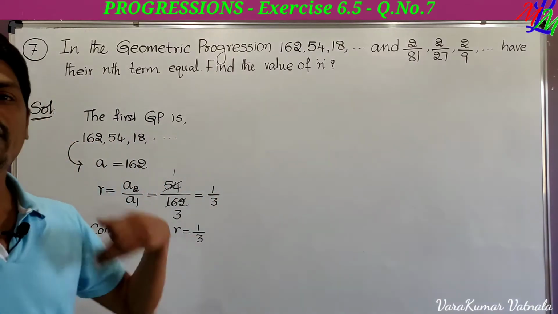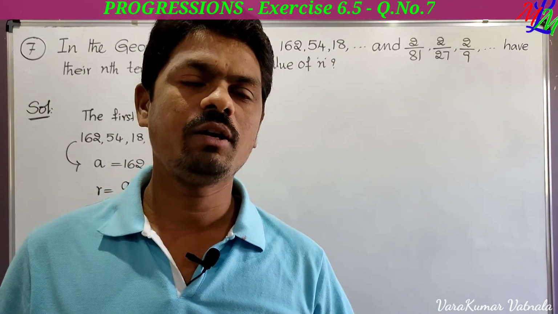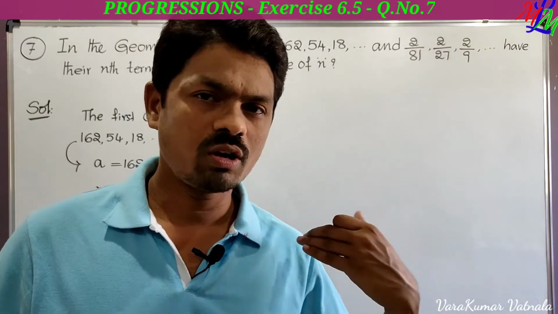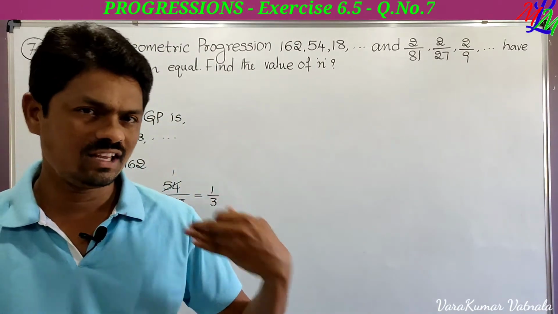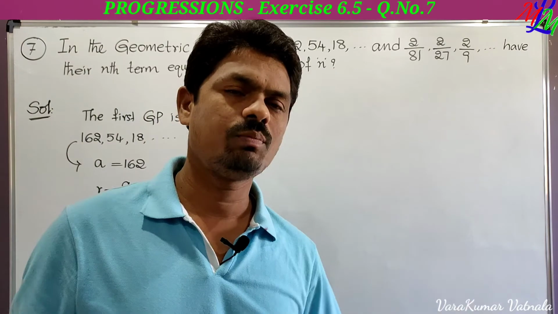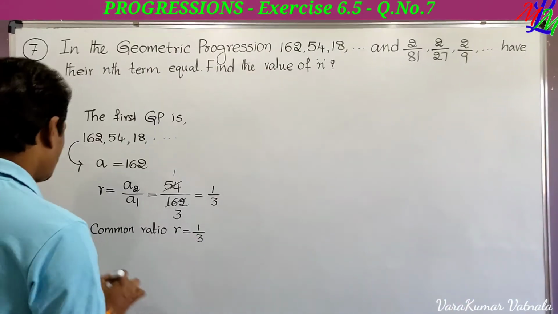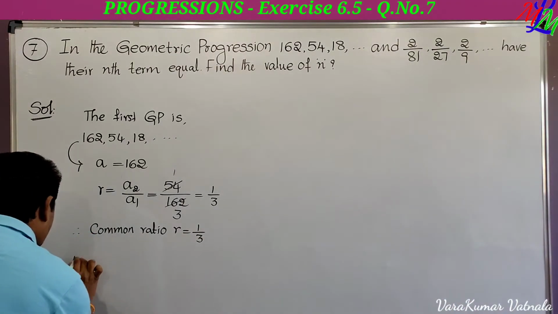Now we have to find the nth term of the first geometric progression, an. How can we write an? an is equal to a into r to the power n minus 1.